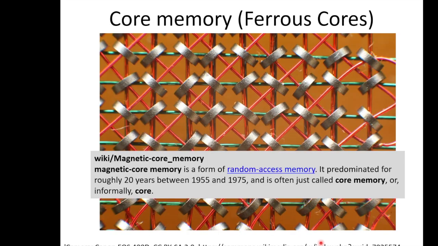Now, the reason why we've used the terms remember and forget is because this ability of ferromagnetic materials to remember is actually used in memories. Back in the 1950s to 1975, core memories were developed out of little tiny ferrous beads. These are actually very, very tiny. This is a big blow up. These are called core memories.